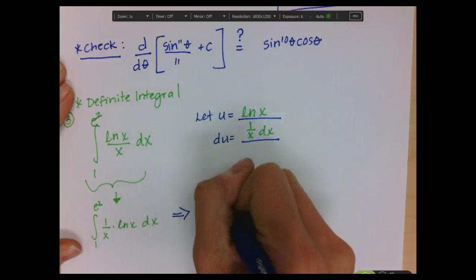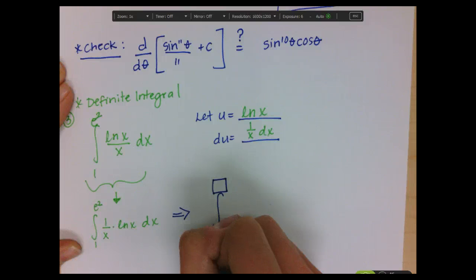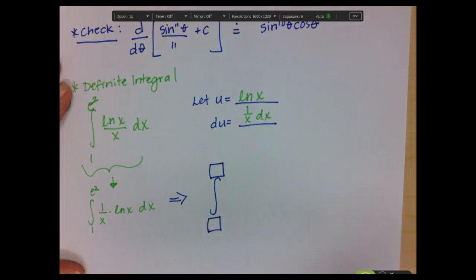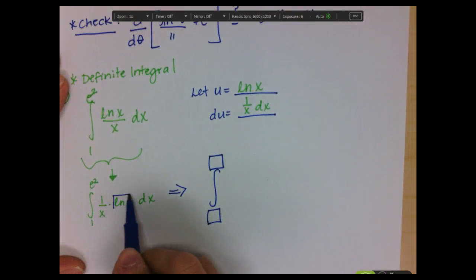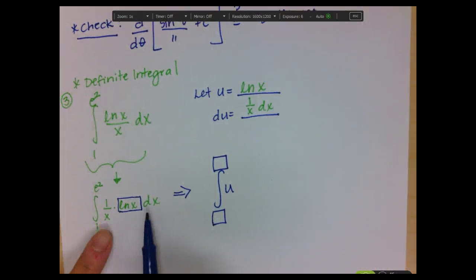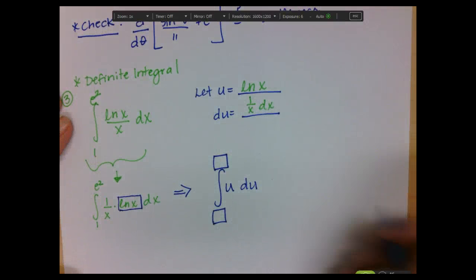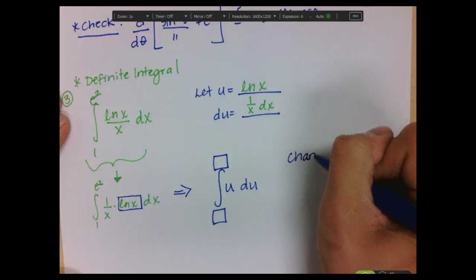Let's do the substitution. For now, I'm going to leave my limits of integration blank, but the natural log of x is what I let u equal, and then 1 over x dx is my du. So let's talk about that change of variables.